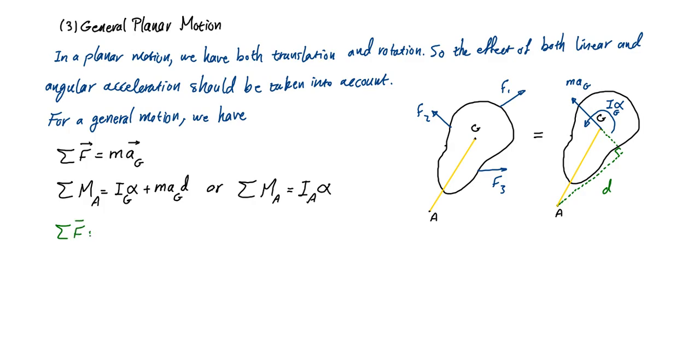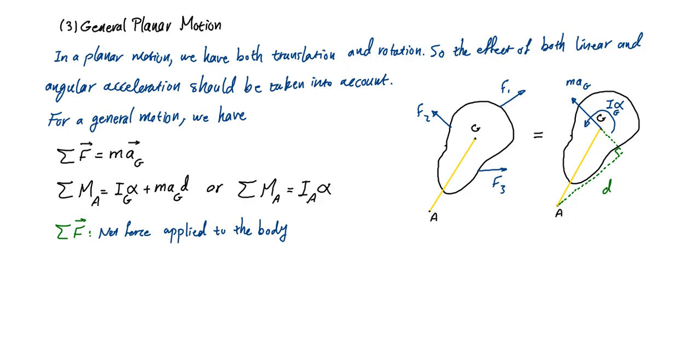So in these equations, the summation of forces is the net force applied to the body. m is the mass of the rigid body.